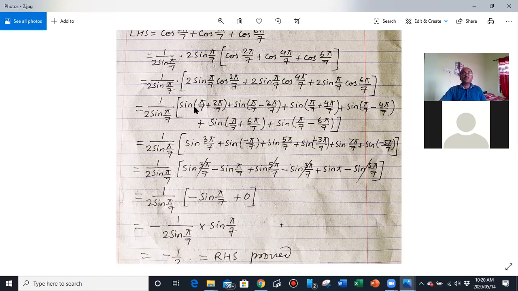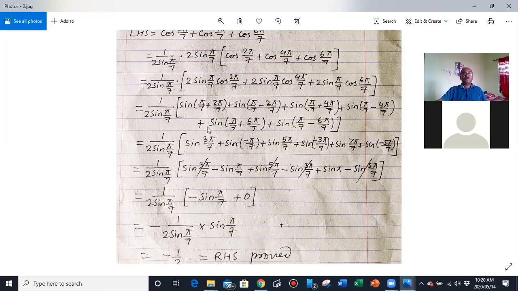Second, sin (A plus B) plus sin (A minus B), here B is 4 pi by 7. And the third part, 2 sin A cos B, sin (A plus B) plus sin (A minus B). Means in every section, first, second, third, which formula have we applied? 2 sin A cos B equal to sin (A plus B) plus sin (A minus B).